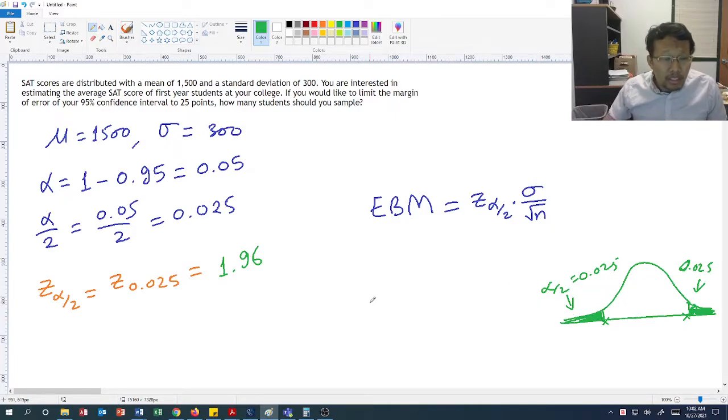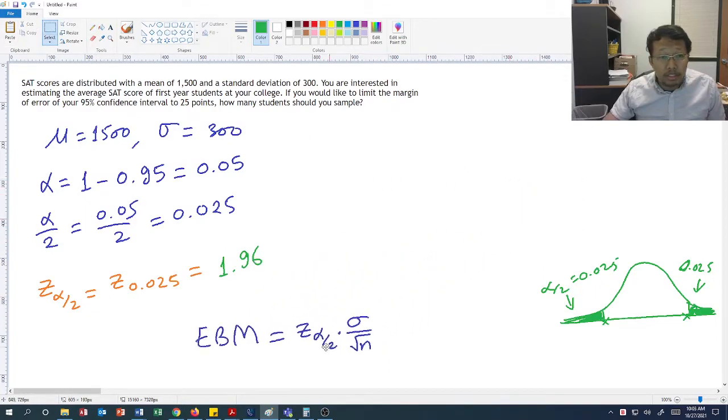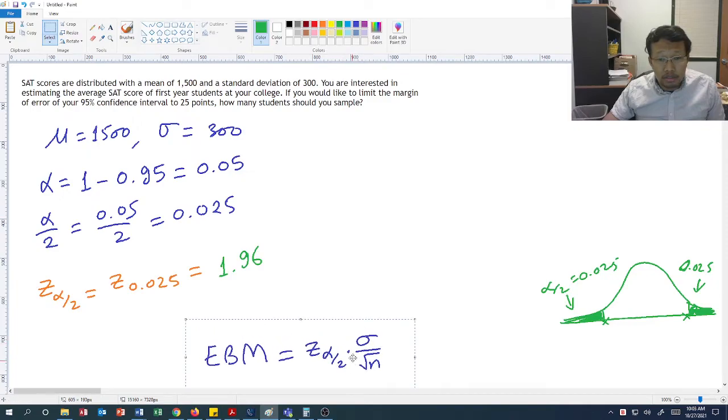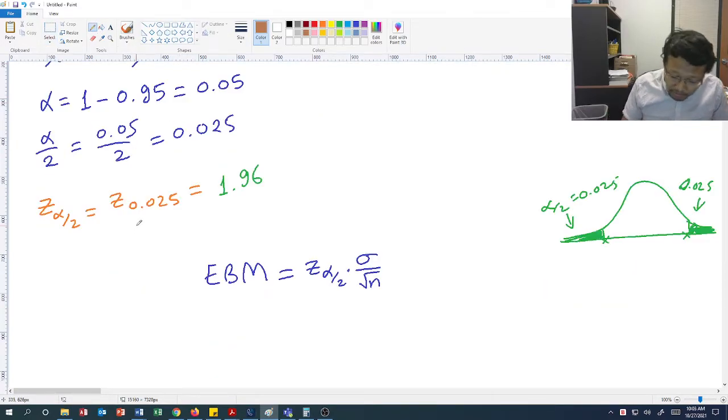And now let us work with this equation. So for that, let me just throw it over here. The error based on the mean, we need to limit that to 25 points. So this is 25 points equals z alpha over 2, which we just found, 1.96, times sigma.